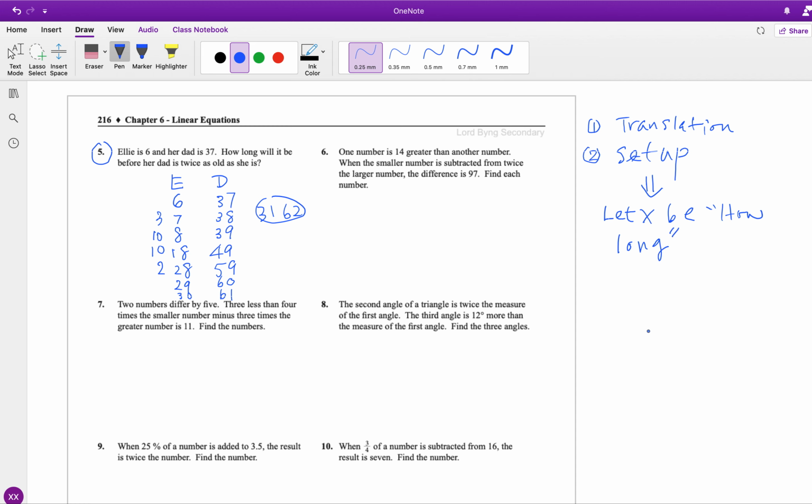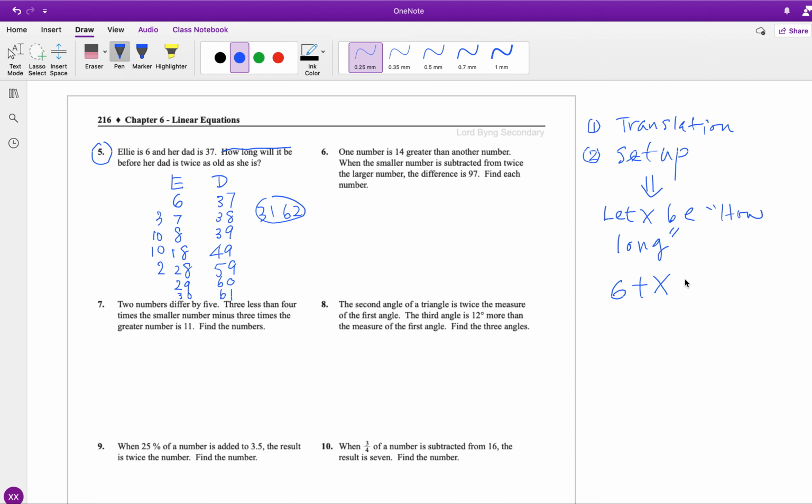So now, as a matter of fact, you see the translation? This how long is already erased. So I already translated this. And then Ellie is 6, her dad is 37. So Ellie is 6. Now Ellie plus how long, that will be Ellie's age.